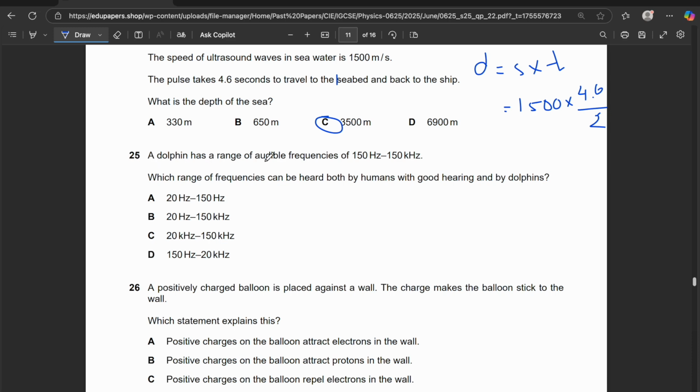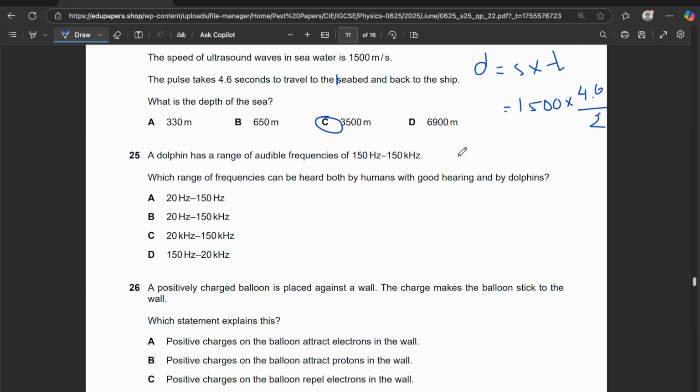25. A dolphin has a range of audible frequencies of 150 Hz to 150,000 Hz. Which range of frequencies can be heard by both humans with good hearing and by dolphins?